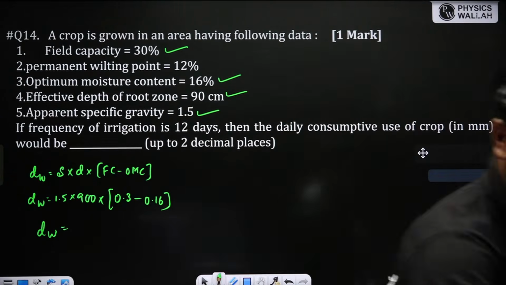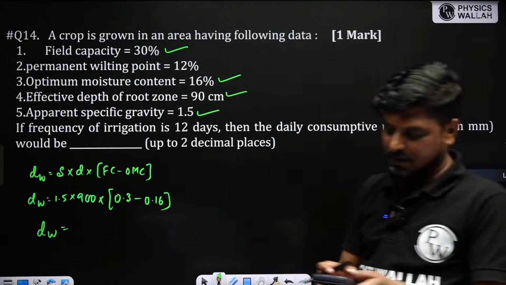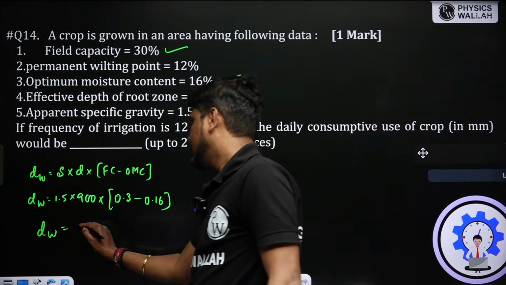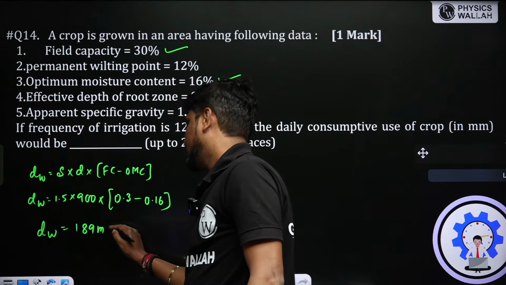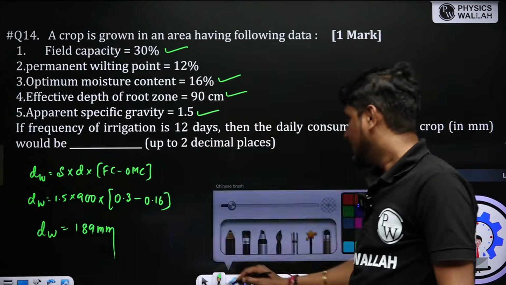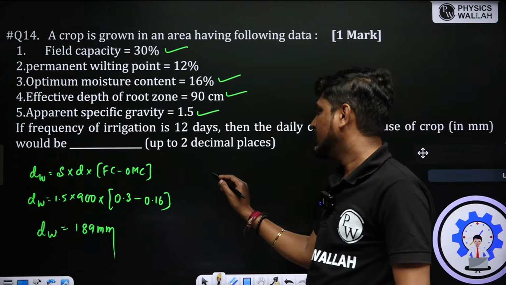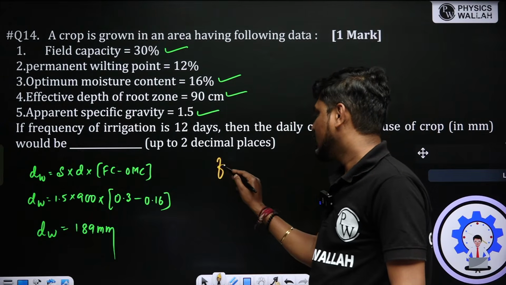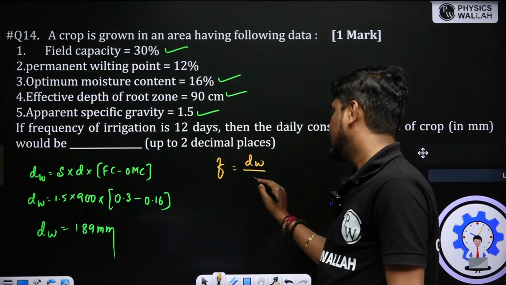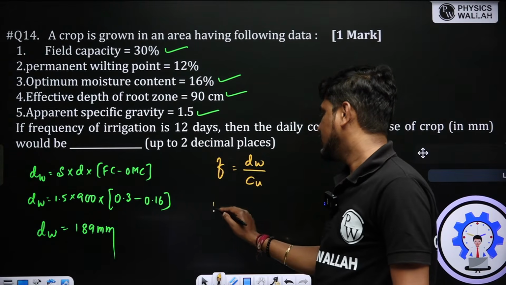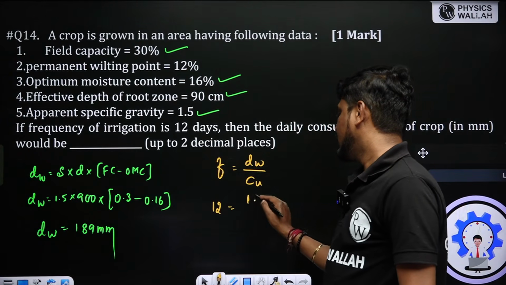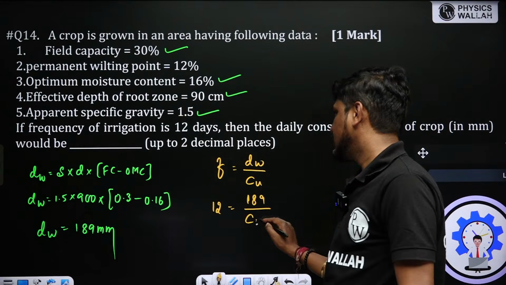I don't have the dW value. My calculated value, I think, is 189 mm. Now you are supposed to find out Cu. So F is equal to dW divided by Cu. F is 12, dW is 189, divided by Cu.